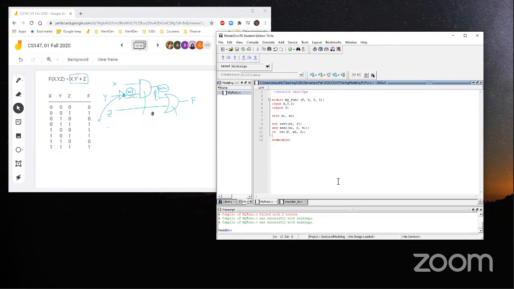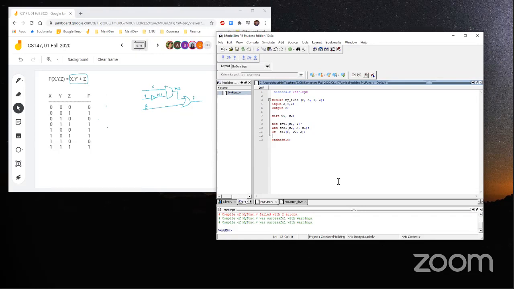Okay, so my AND, X, inverter, W1, this is Y, W2, Z, and F.